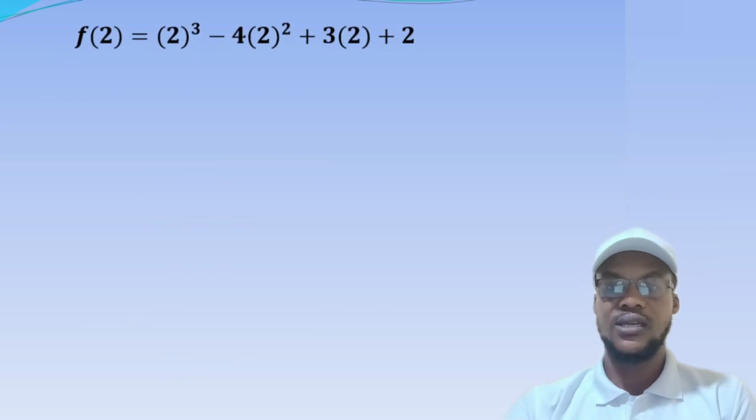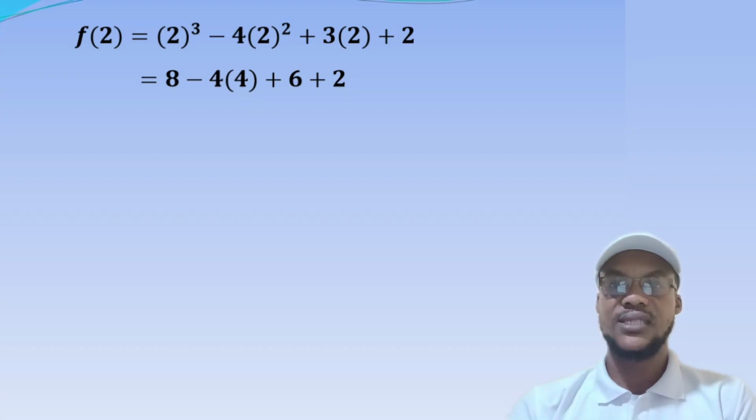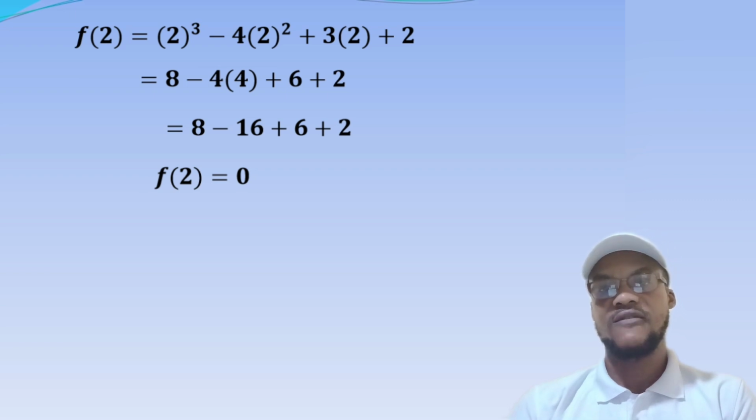Let's prove it. Substituting, f of 2 is 2 cubed minus 4 multiplying 2 squared plus 3 multiplying 2 plus 2, which gives 8 minus 4 multiplying 4 plus 6 plus 2, which is 8 minus 16 plus 6 plus 2, and that gives 0.